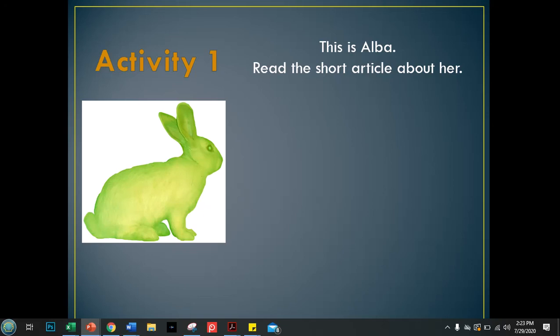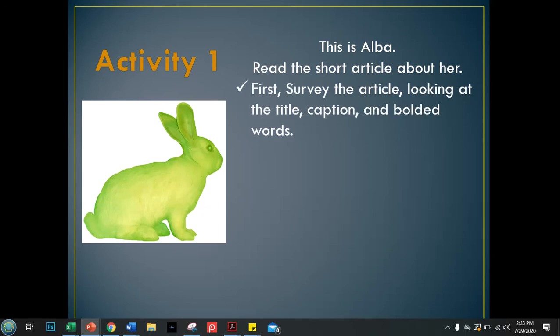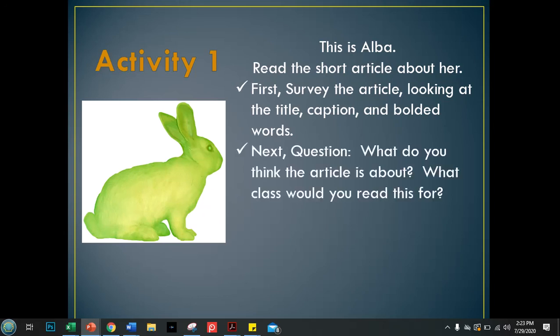So this is Elba, and we're going to read a very short article about her. Yes, she is a green glow-in-the-dark bunny, and yes, she is real. So first, we're going to survey the article. We're going to look at the title, the caption, and any bolded words. Next, we're going to ask ourselves what we think the article might be about, what kind of class we might read this for.